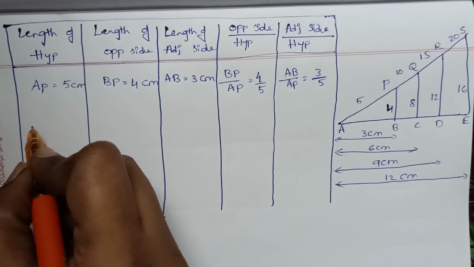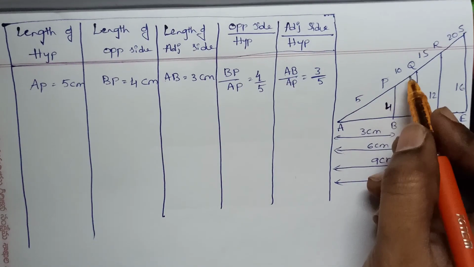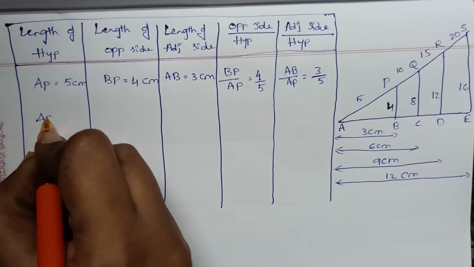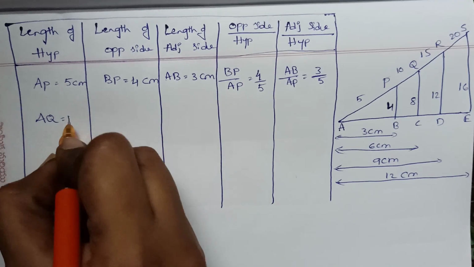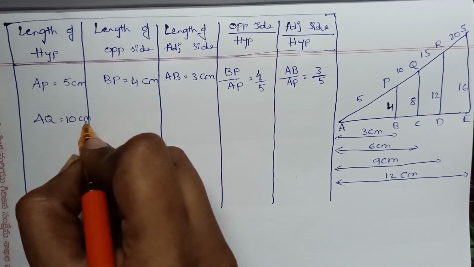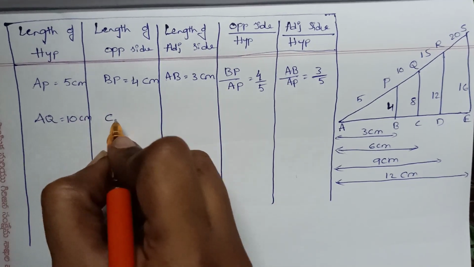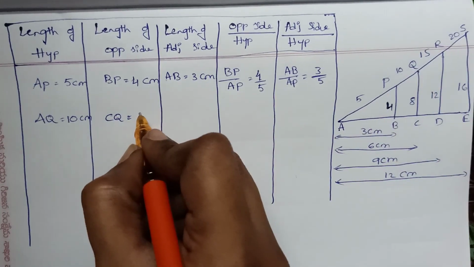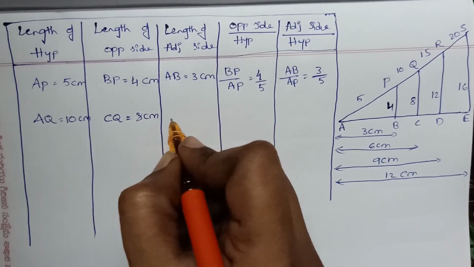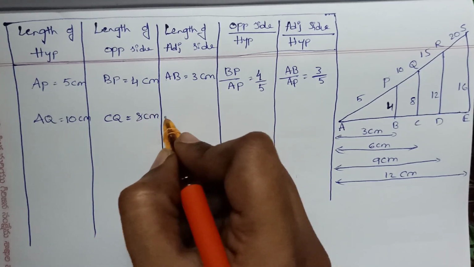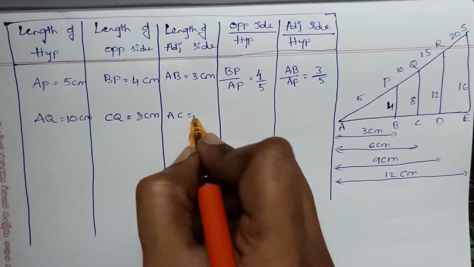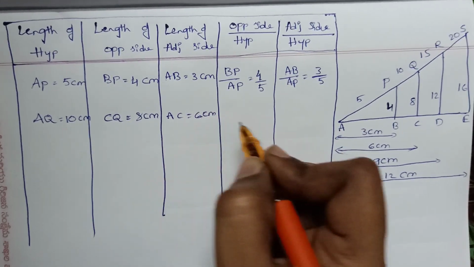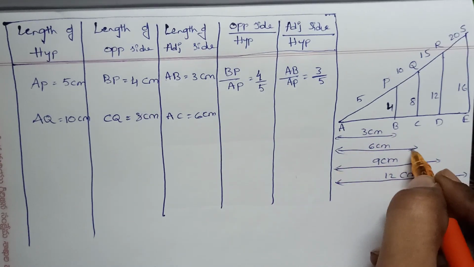Next, length of the hypotenuse AQ equal to 10 centimeters. CQ equal to length of the opposite side, CQ equal to 8 centimeters and AC equal to 6 centimeters, length of the adjacent side.